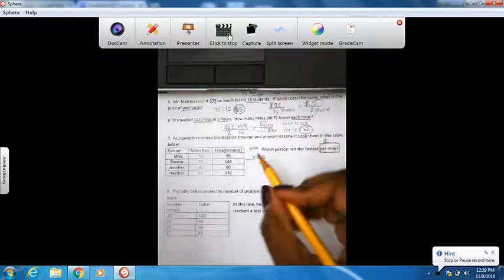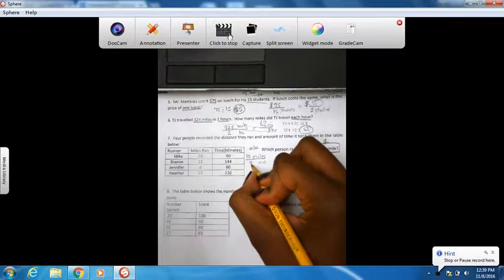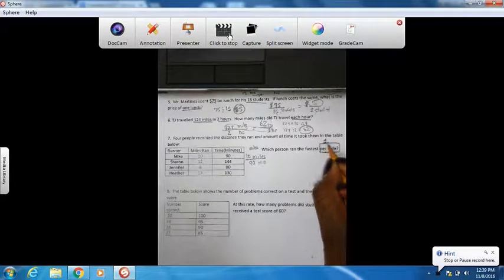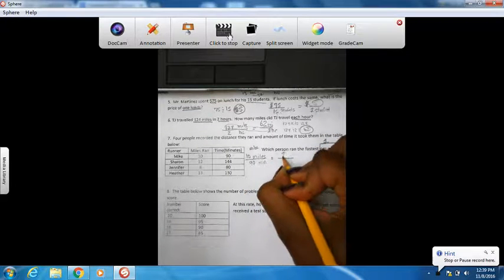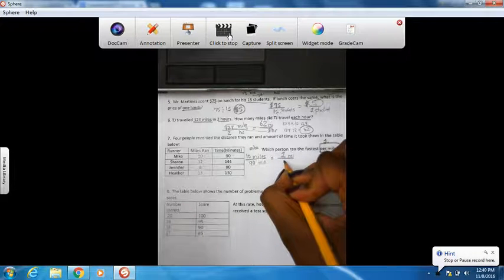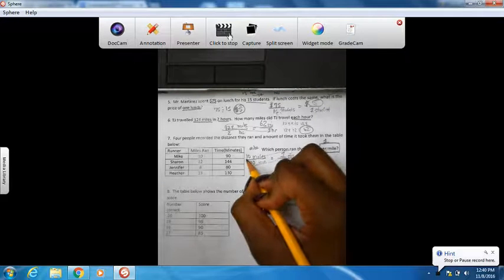So Mike ran 10 miles in 90 minutes, but if we're trying to find the unit rate, or per mile, 1 mile, that means we can set up a proportion. 1 mile, we want to know how much time that's going to take. Now we can cross multiply and divide.